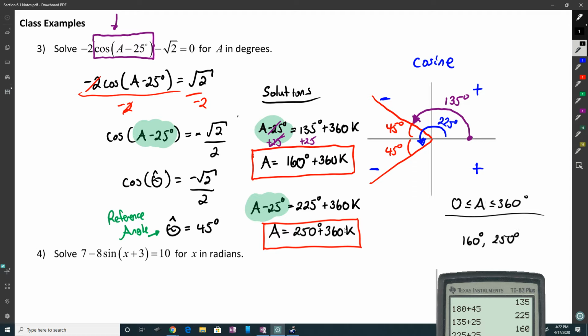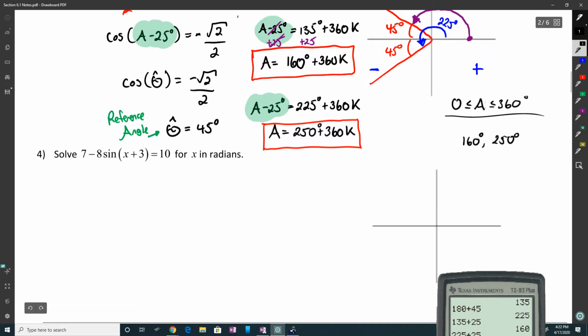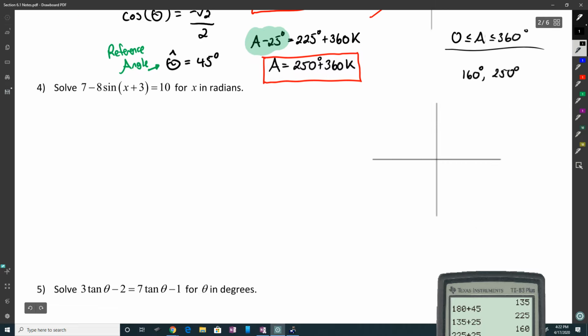The homework's going to ask you both: every solution possible, which is these two formulas, and then just the ones where you drop the 360K, 160 and 250. All right, let's go to the next one.